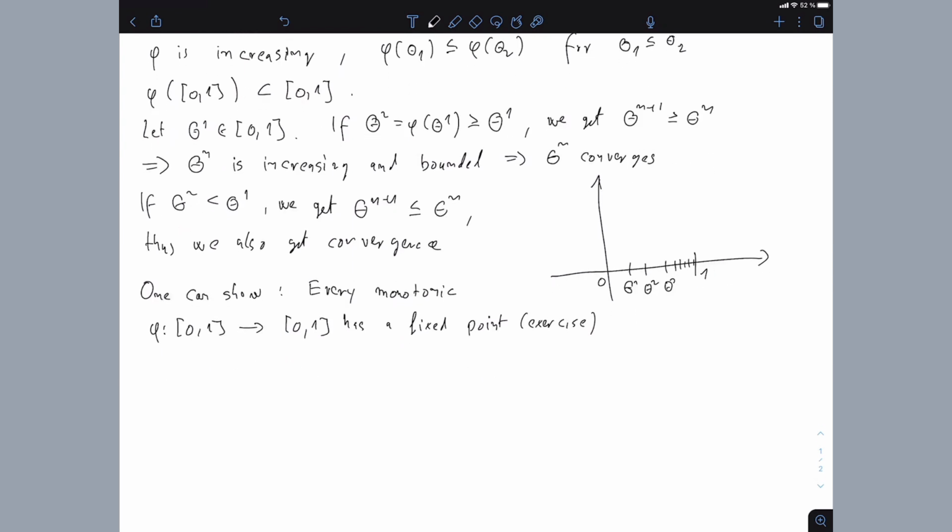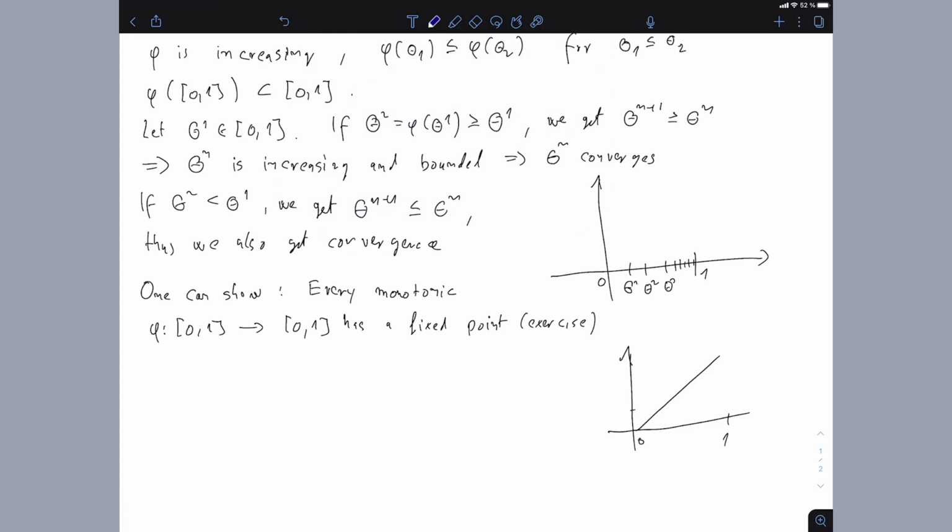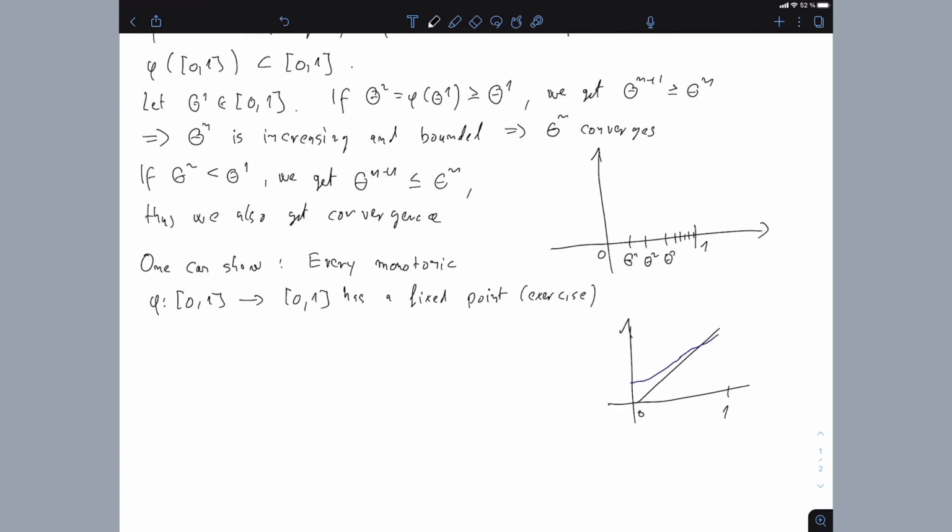Yeah, so fixed point means it's cutting the diagonal. Yeah, and your function phi, so you have to start somewhere in 0, 1. And you are monotonic, so you can never go beyond above 1. So at some point, you have to cross the diagonal. So even if you have jumps. Yeah, but this is a nice exercise to actually verify that this is fulfilled. And in case this phi is continuous, the limit is a fixed point.